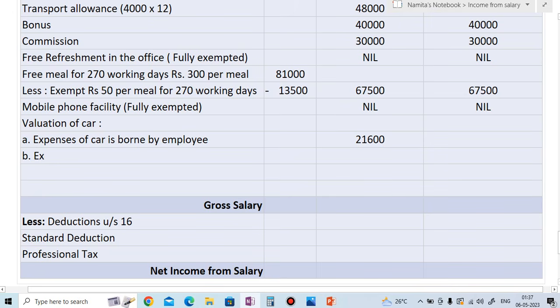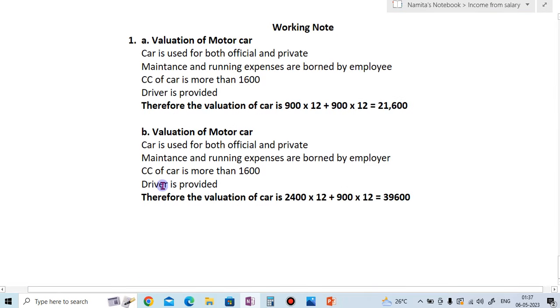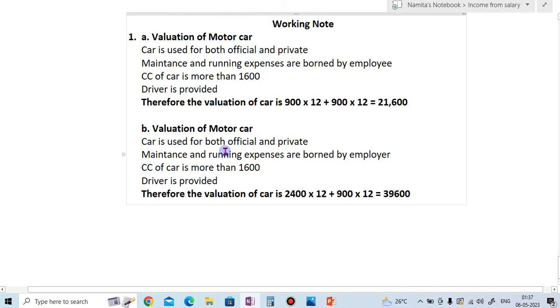the expenses of car are borne by the employer. Okay, so see, the car is used for both official and private. The maintenance and running expenses are borne by the employer. The CC of the car is more than 1600, as well as the driver is also provided.